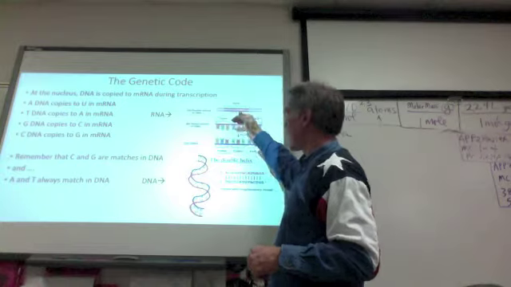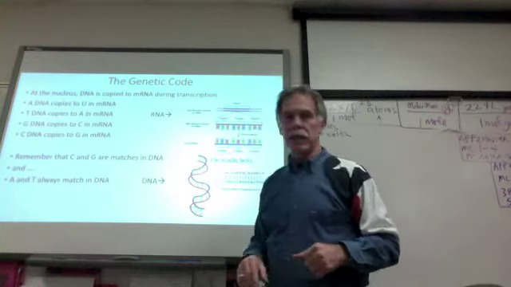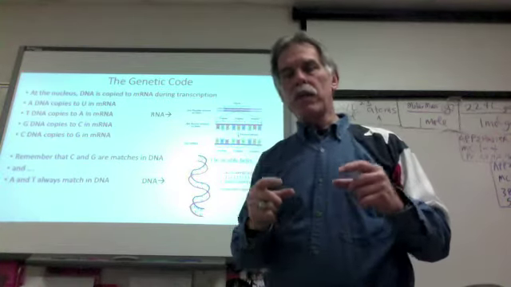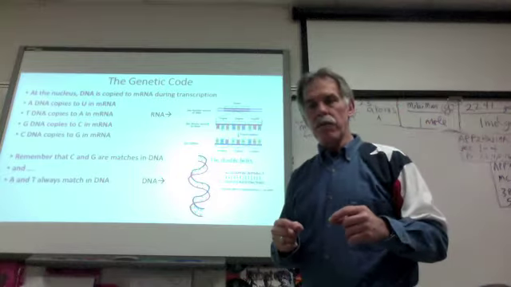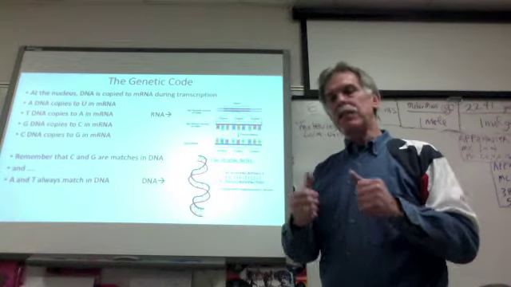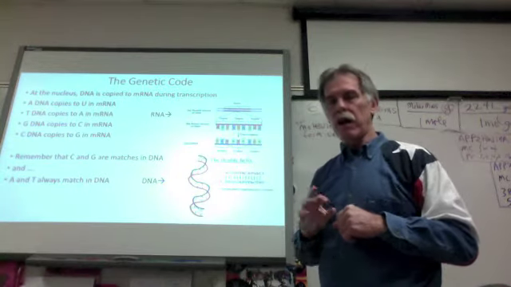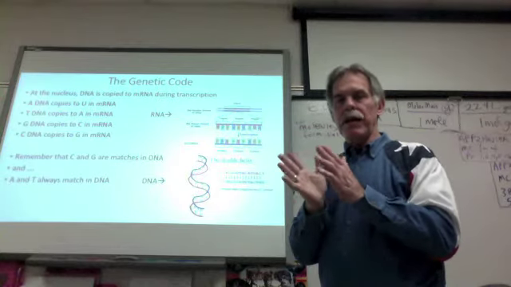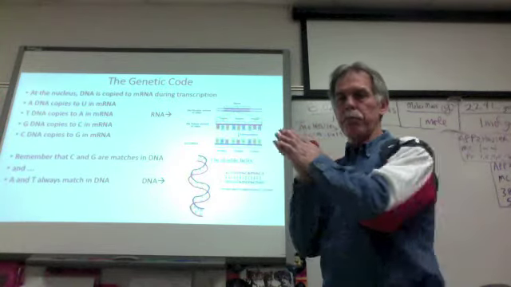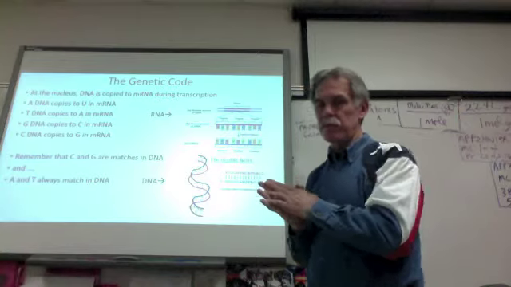The top part is the DNA, the bottom part is the mRNA. And only one of the strands of the DNA has the code that's copied to mRNA. The other one is just there as a complement, and it's used during replication, but not during transcription.